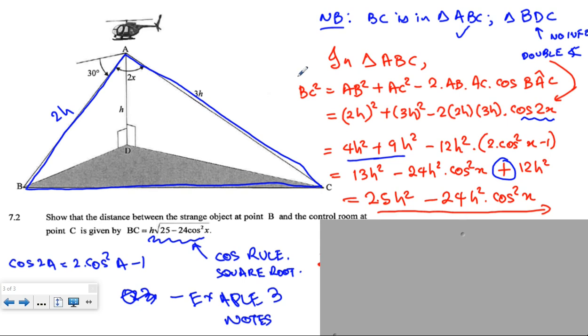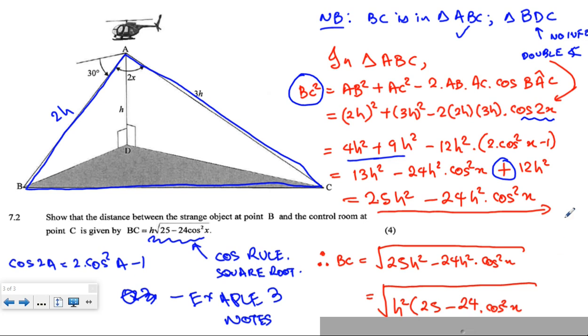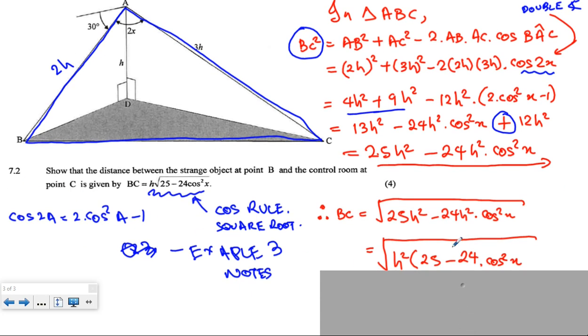We're getting there. Remember, this is BC squared. Therefore, BC is equal to the square root of this whole expression here, 25h squared minus 24h squared times cos squared x, and then you can remove an h squared out.